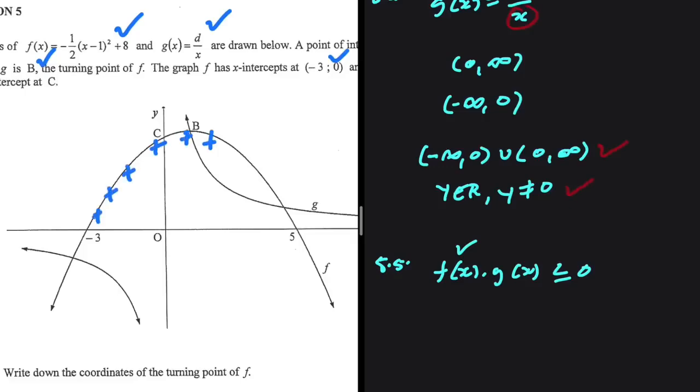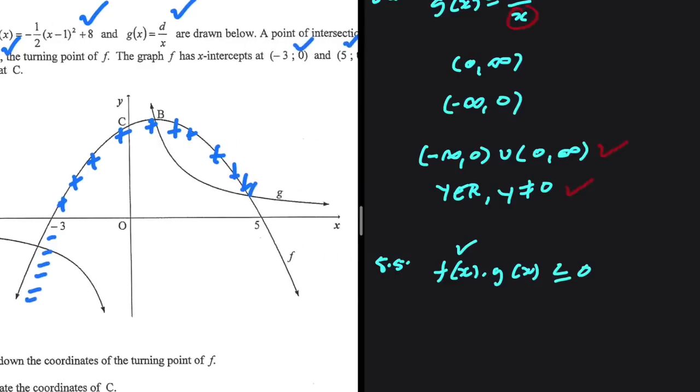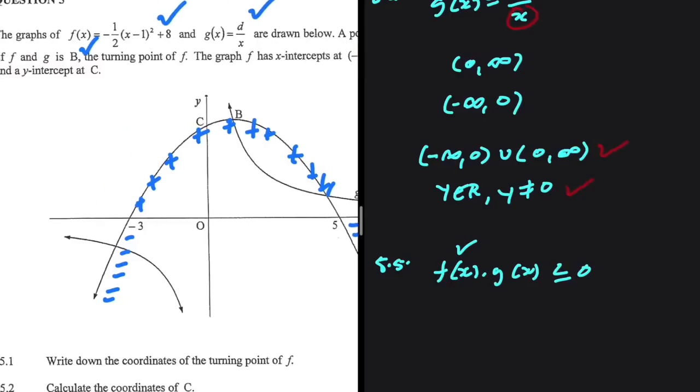Between minus 3 and 5. And then minus 3, minus 4, minus 5 going to minus infinity, f of x is negative. And then from positive 5, positive 6, going on and on, f of x is negative. That is important to point out.